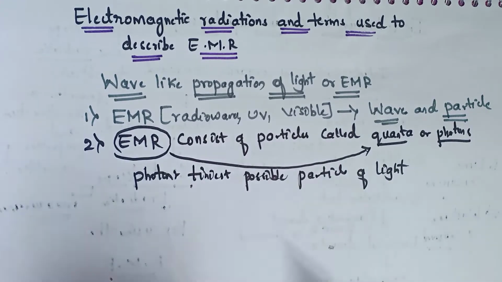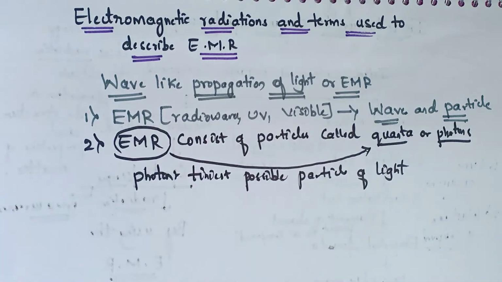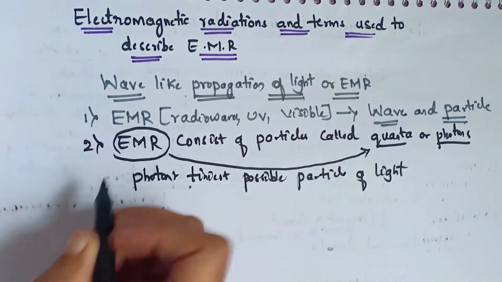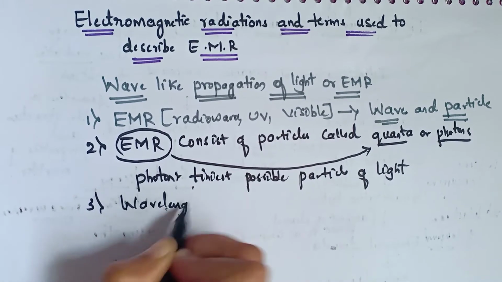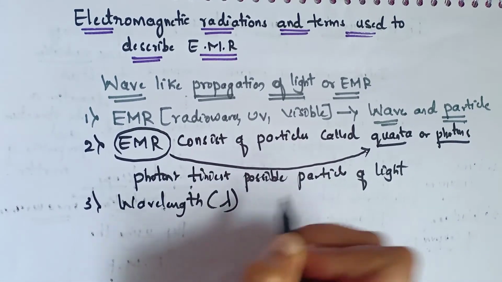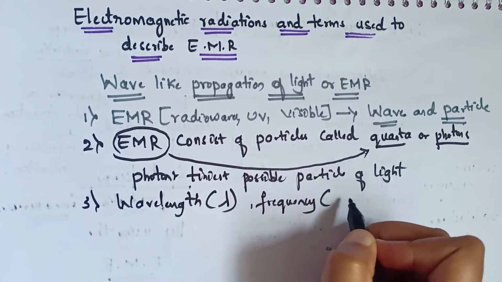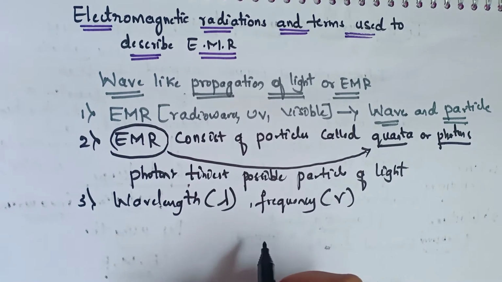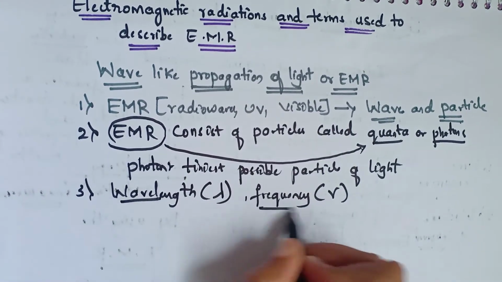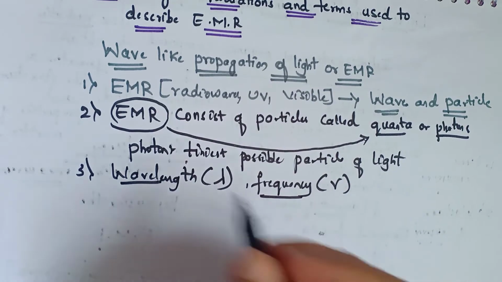Now, I have said that electromagnetic radiations will behave like a wave and a particle. To describe the wave, we use wavelength, which is denoted by lambda, and frequency, which is denoted by nu. The basic thing here is we have to know the definition of wavelength and frequency.